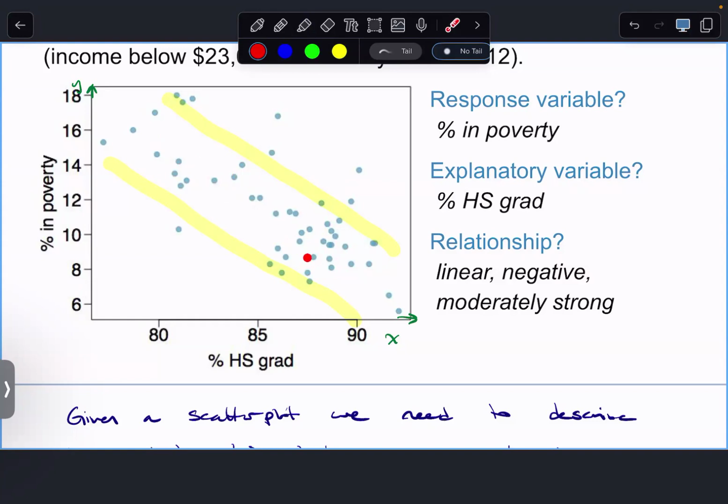It's negative because it's moving down. As x's are increasing, the y's are decreasing. And here they've gone for moderately strong. Just strong is fine because we were able to see this pattern. That's why it's strong.